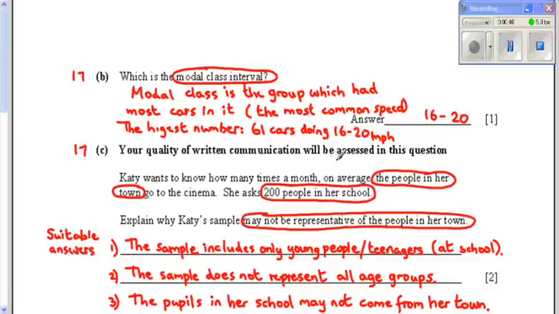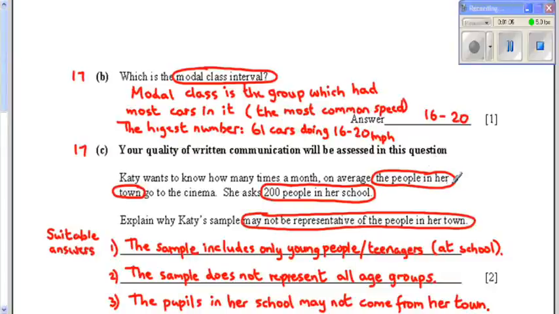17C, here's another one where they're telling you that your quality of written communication will be assessed in this question. So you need to be able to write down clearly in good English what your answer is. In this case, Katie's doing a survey and wants to know how many times a month on average the people in her town go to the cinema.